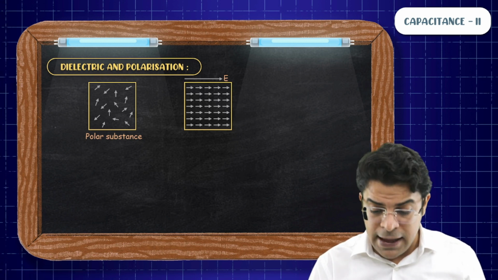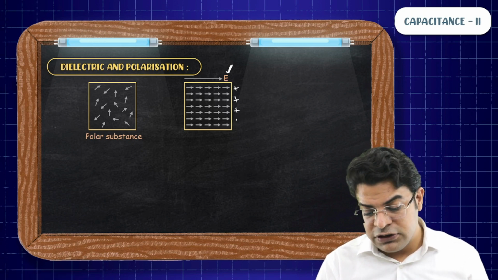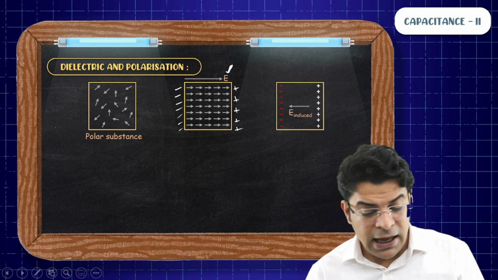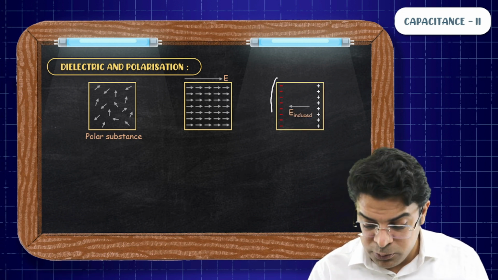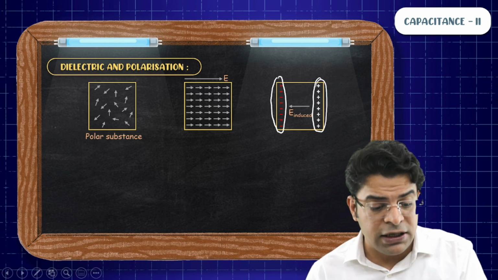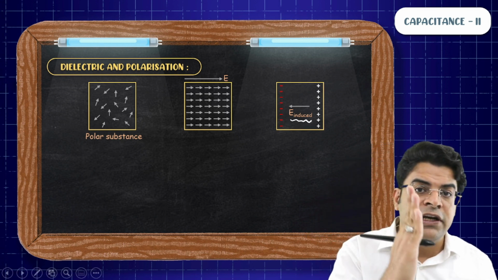So due to the application of this electric field, you get a net concentration of positive charge on one side and net concentration of negative charge on the other side, and due to these induced positive and negative charges, you get an induced electric field within the crystal from the direction of positive charge towards the negative charge.